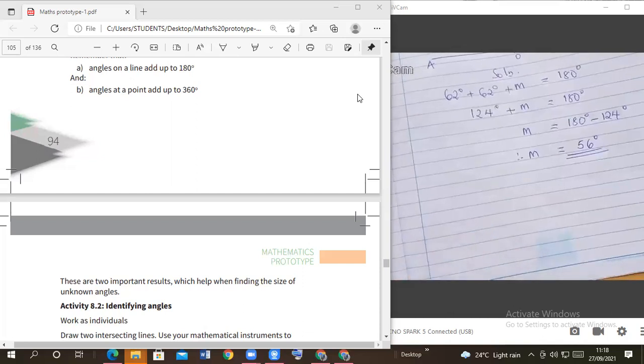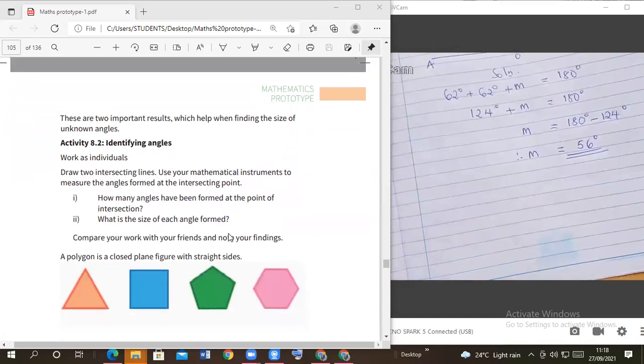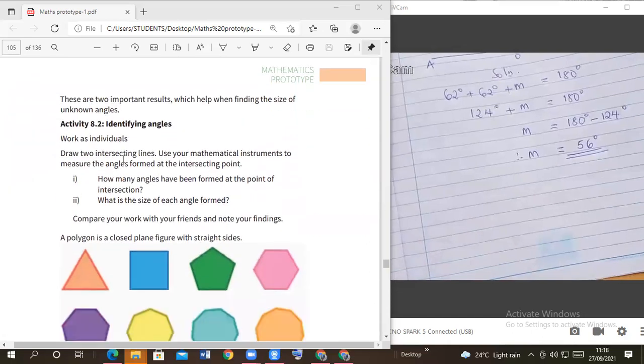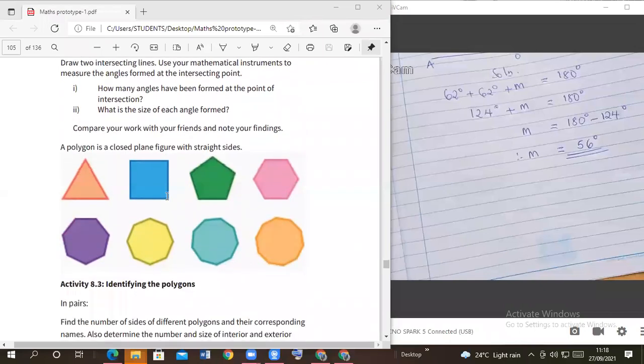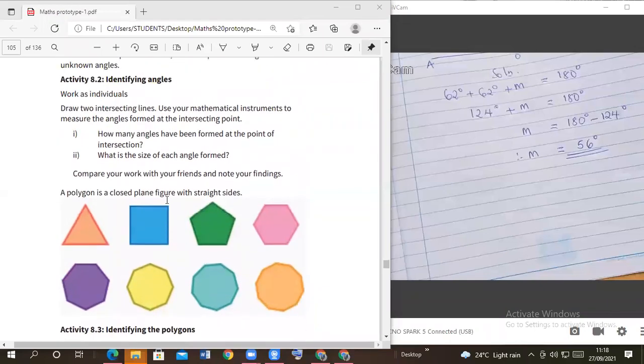Subheading: Identifying angles. But before we look at how we identify angles, let me give you this.